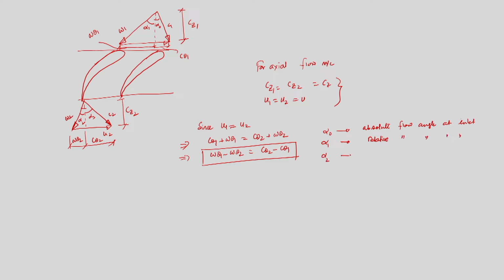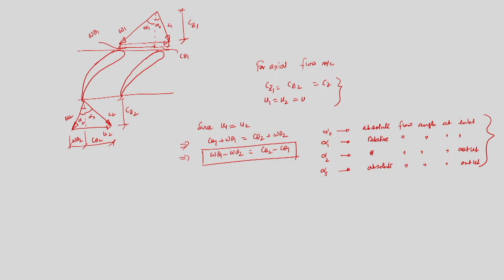Similarly, alpha 2 is the relative flow angle at the outlet, and alpha 3 is the absolute flow angle at outlet. So, these four angles are very important: the absolute flow angle at the inlet, the relative flow angle at the inlet, the relative flow angle at the outlet, and the absolute flow angle at the outlet. We need them because we will derive the mathematical expression for the degree of reaction. Fine.